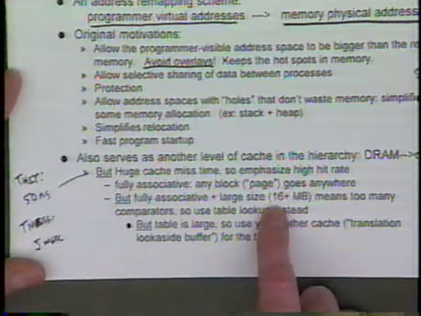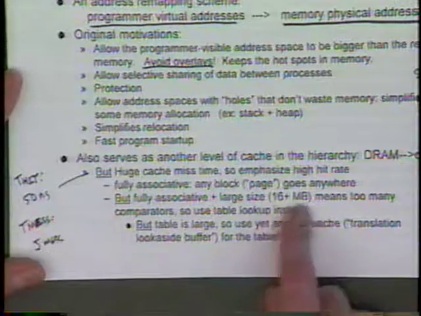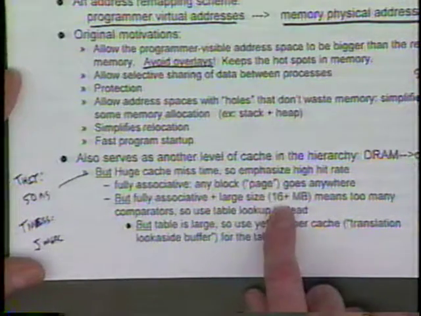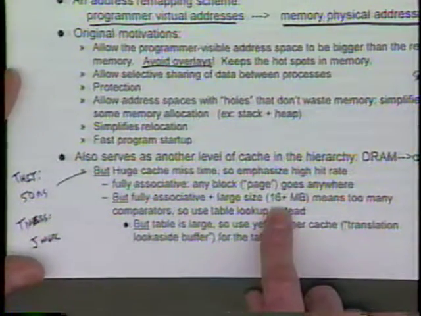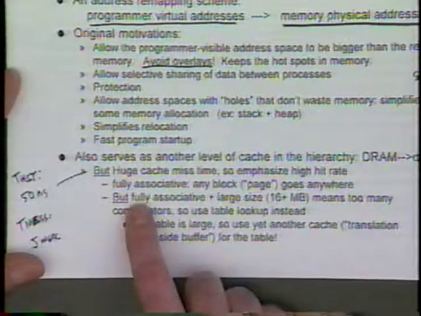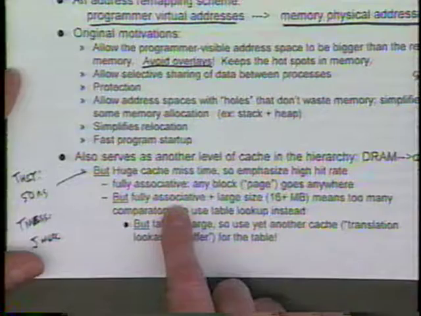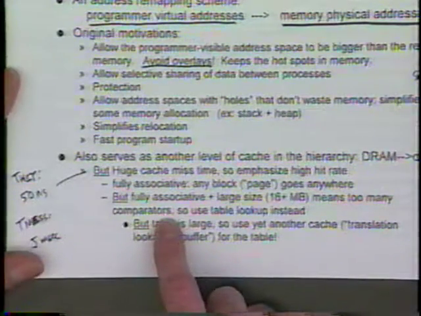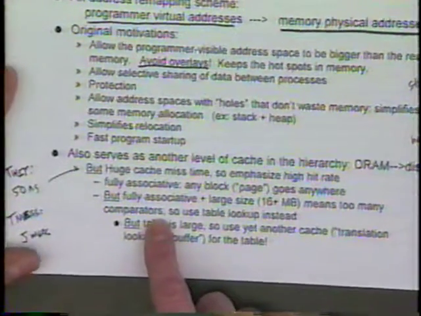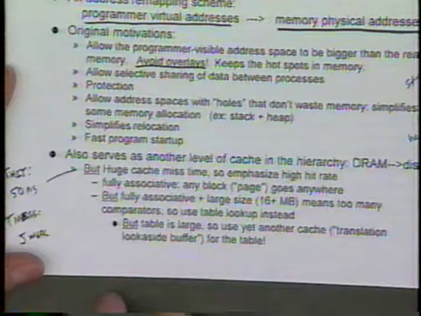The total size of the memory is very large. We want 16 megabytes and more to be accessible in physical memory. So if we were to implement a cache in the way we did fully associative caches before, which is to have a comparator for every line in the cache, you could never afford to buy that computer. There would just be too many comparators.